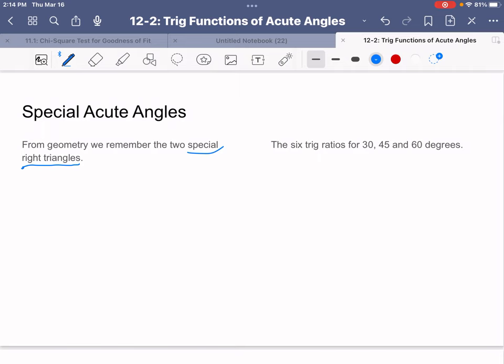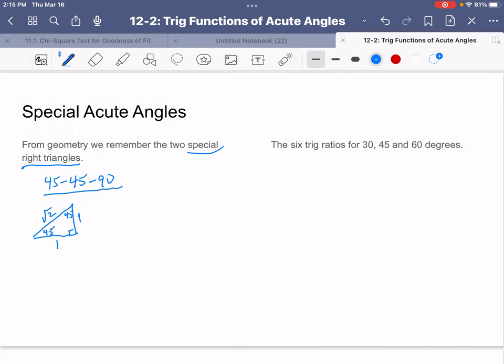Do you recall that the 45, 45, 90 right triangle is called special? And when you had Mr. Schaefer, he probably drew a 45, 45, 90 right triangle, and he told you to just memorize, put a 1 on both of the legs because both of the legs have to be equal. The triangle is isosceles. And then the Pythagorean theorem says the square root of 2 goes there.